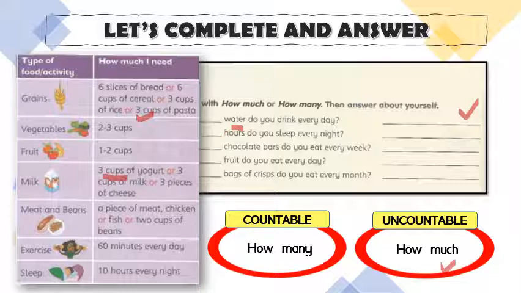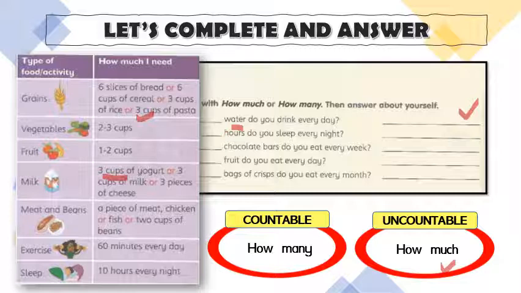So you just write here, maybe 5 glasses of water, or you can also use cups, or maybe you can use bottle or liter. Up to you. Any measurement will do as long as you know how much water you drink every day.